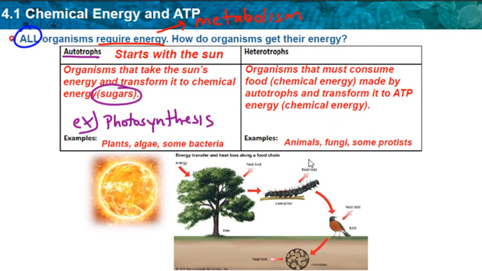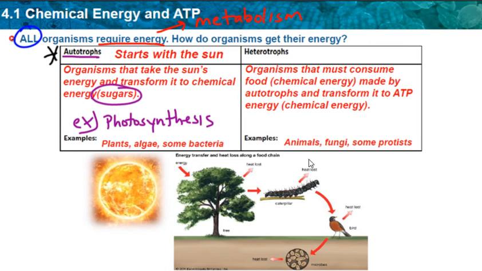And then you also have your heterotrophs. Your heterotrophs are the ones that have to consume other things to transform it into ATP. So when we talk about the food chain, food web, your autotrophs are going to be the bottom. They are going to be the most important part.